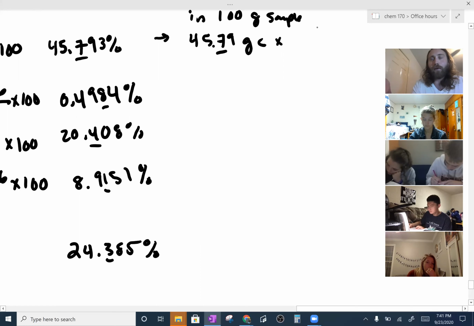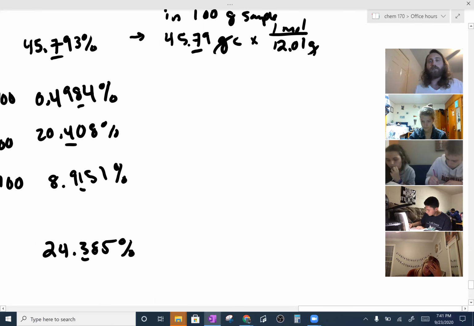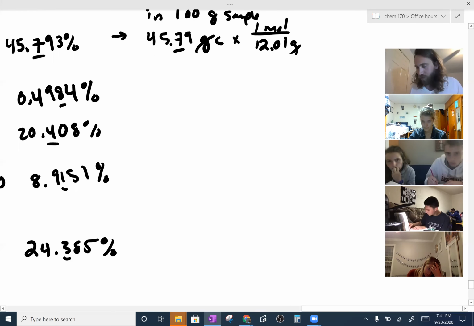So I multiply by the inverse molar mass, which would be 1 mole divided by 12.01 grams. So now I have the moles of carbon in a 100-gram sample, and 45.79 divided by 12.01 is equal to 3.81 moles.